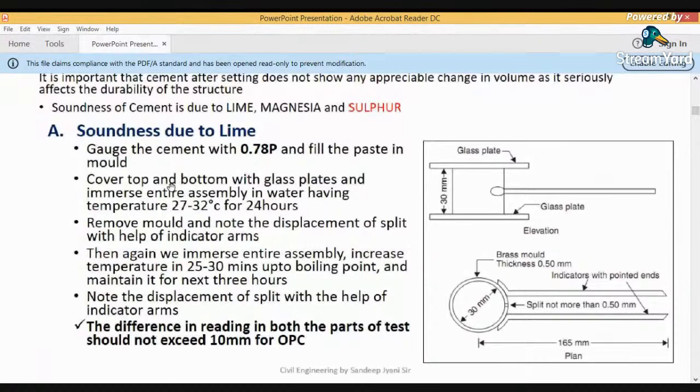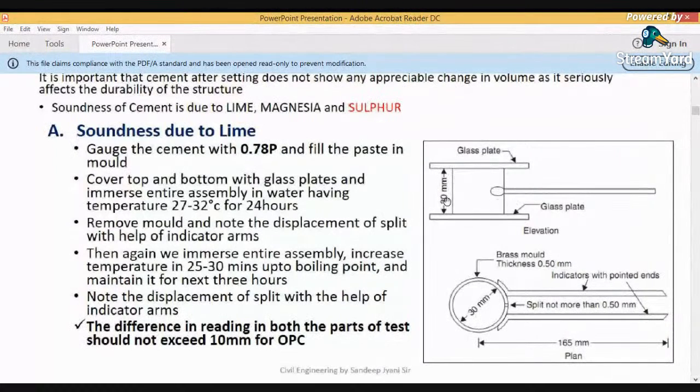We immerse the entire assembly inside water at a temperature of 27 to 32 degrees Celsius for 24 hours. So first we take 100 gram of cement, add 0.78 times the standard consistency, make a cement paste, and pour it inside this cylindrical mold.